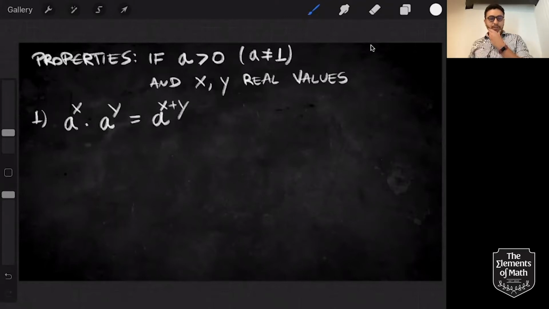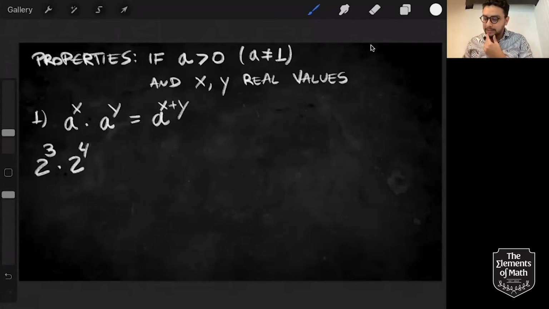Okay, I'm not going to be proving those properties here today. I'm just going to show a couple of examples, just trying to convince you that makes sense. Let's think about our value a, which is 2, x is 3, and y is 4.